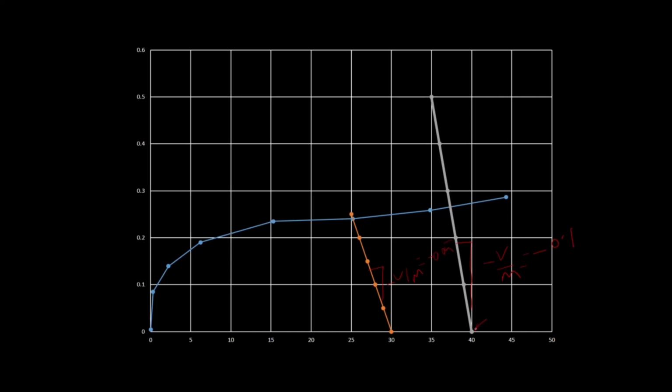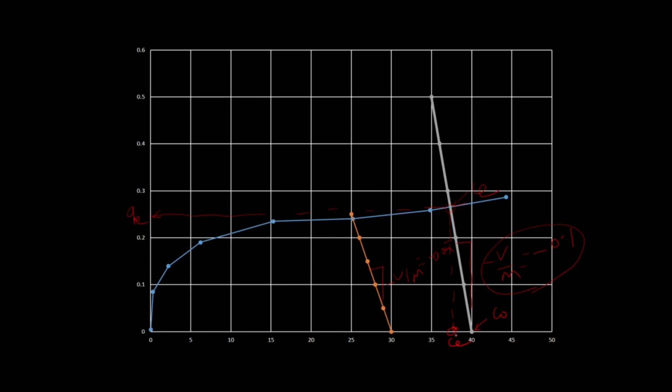So this is our initial concentration C0, and if this is our operating line, this operating line will intersect with your equilibrium line, which is shown in blue, exactly at CE. So the corresponding value should be equal to CE, and the corresponding Y value should be equal to QE.